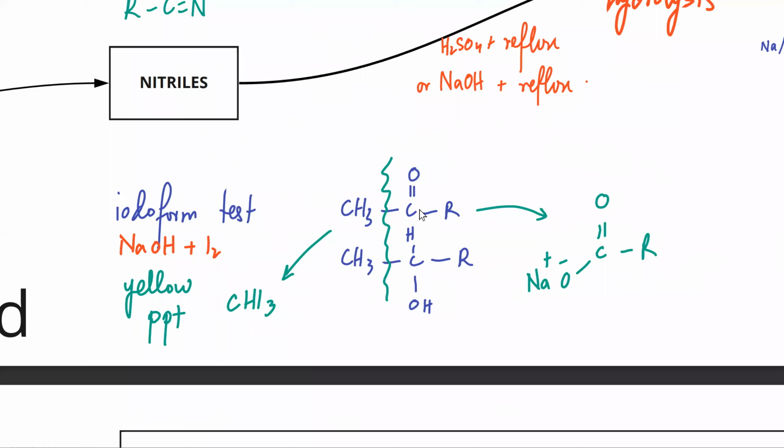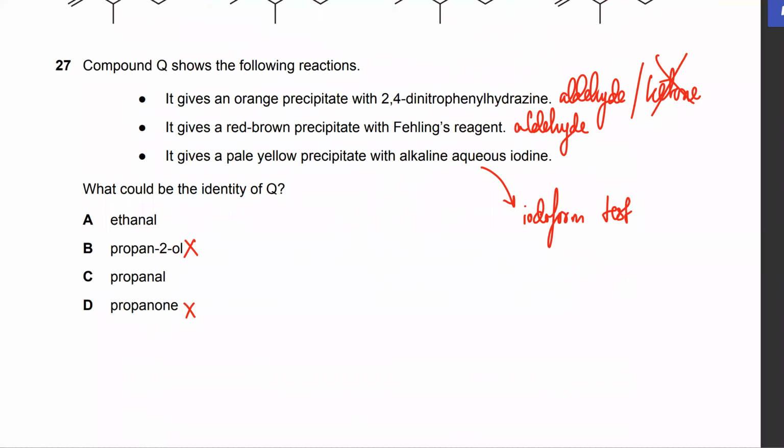And the remaining part turns into a salt of the carboxylic acid, because the conditions are alkaline, so the carboxylic acid would react with it. So every time this would happen. So if you're trying to answer this question, we were at the point where we knew that it was an aldehyde.